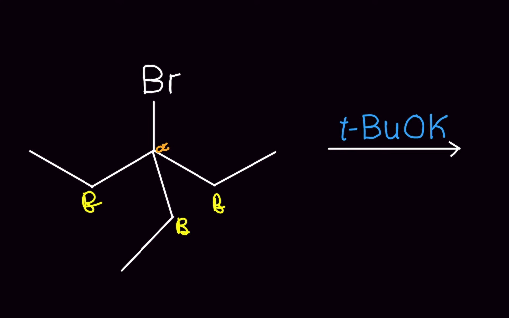Here is the thing though. Where do you put the double bond? All these beta carbons are identical. This is why it's really important to know your geometry. They're all identical. So what do you do?